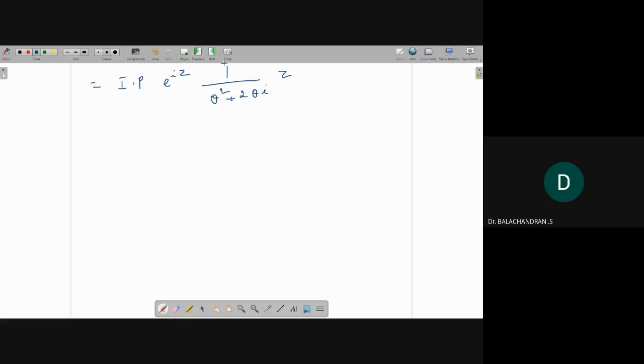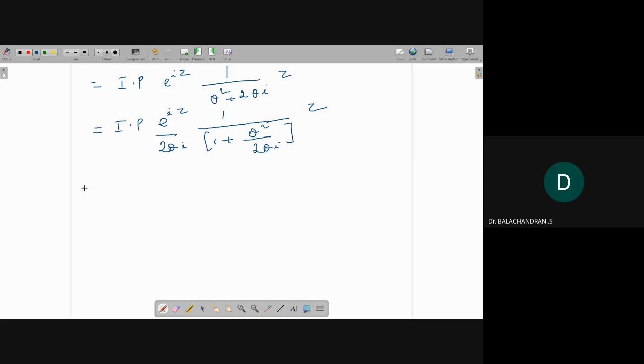Now this is type number 3. So take 2θi commonly: 1 plus θ² by 2θi, into z.